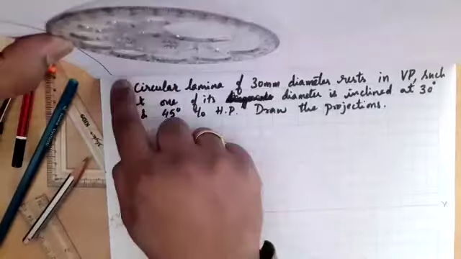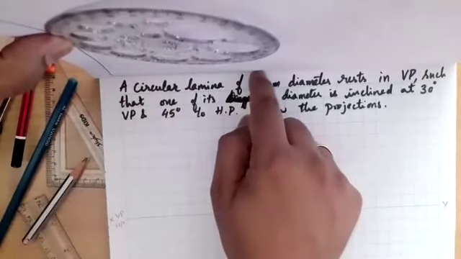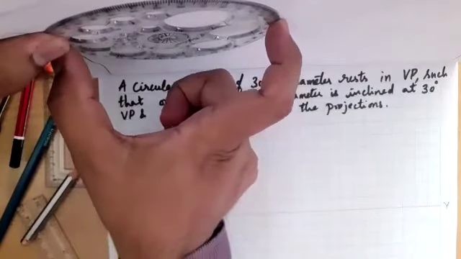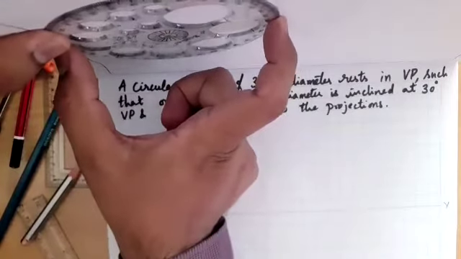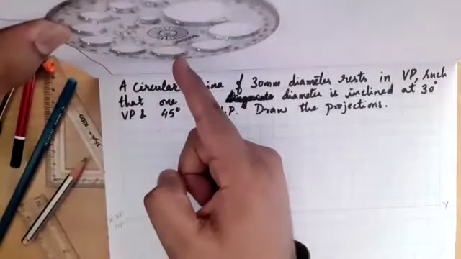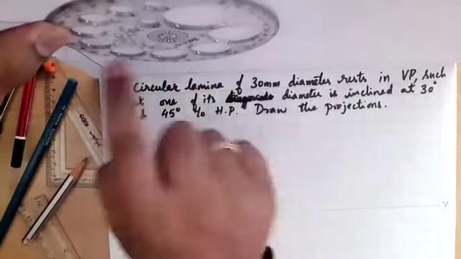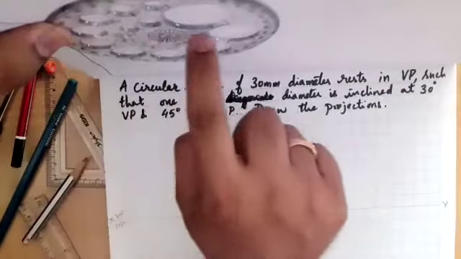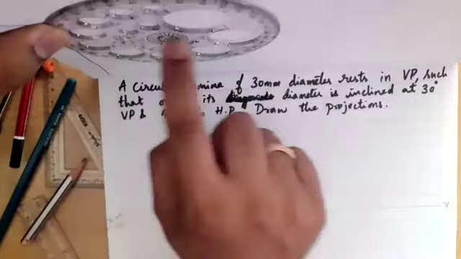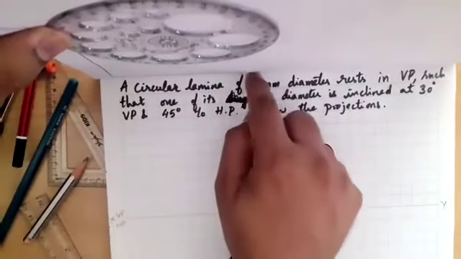When I see this from top, in the top view, whatever line I get is the maximum length of this diameter. If I take this as the diameter, that will not be seen in the top view. I have to consider the diameter which is a horizontal line, if I draw here, this diameter is seen in the top view.